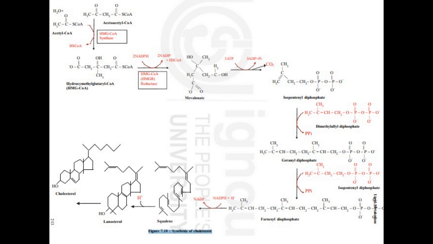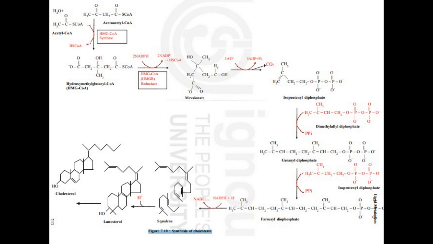HMGR absolutely requires NADPH as a cofactor, and 2 moles of NADPH are consumed during the conversion of HMG-CoA to mevalonate. The reaction catalyzed by HMGR is the rate-limiting step of cholesterol biosynthesis, and this enzyme is subject to complex regulatory controls. You will learn more about this later in the section on regulation of cholesterol synthesis.